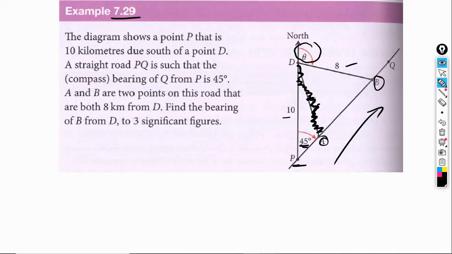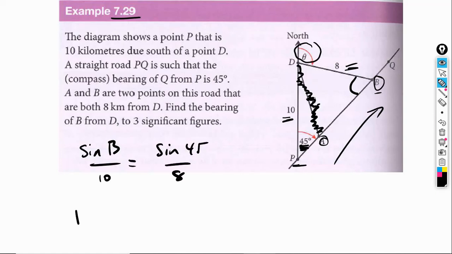The reason being that if I can find this angle B, because I don't have it yet, but I have the opposite side being 10, and I also have 45 degrees and the opposite side of that being 8, so I can find angle B with the law of sines. Just to recap, sine of B divided by 10 is proportional to sine of 45 divided by 8.